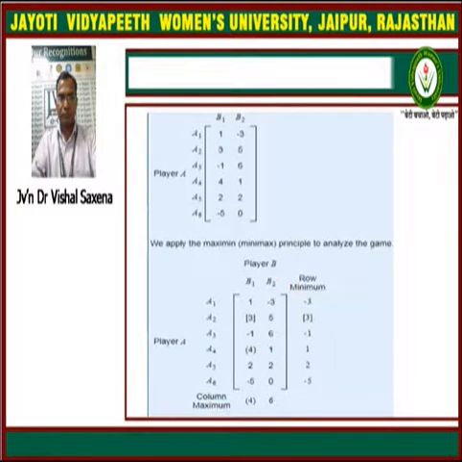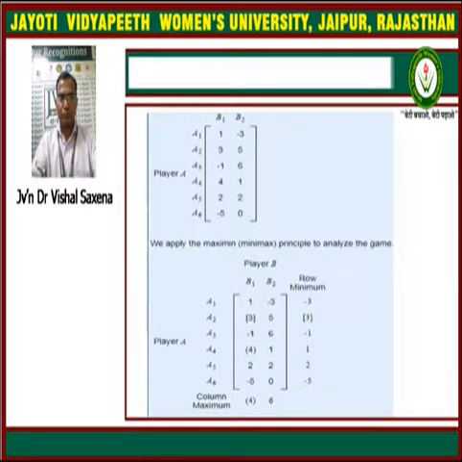Player A has the strategies A1 to A6, and player B has the two strategies B1 and B2. First we find the row minimum values: -3, 3, -1, +1, 2 and -5.